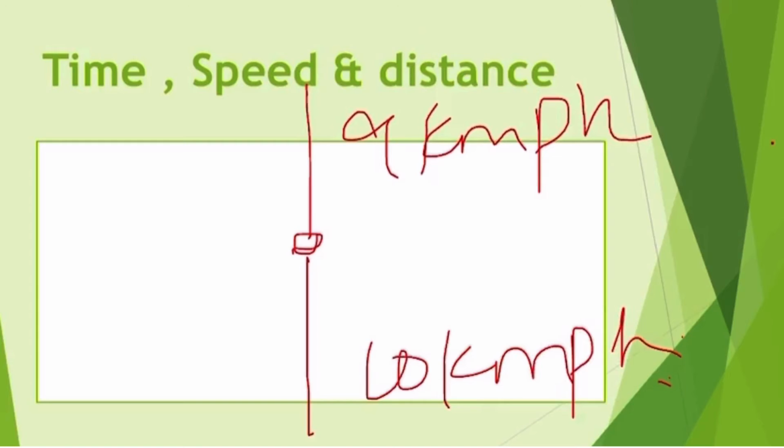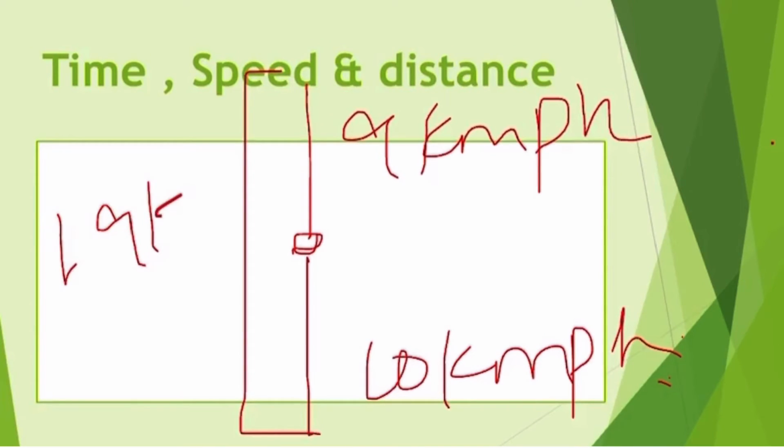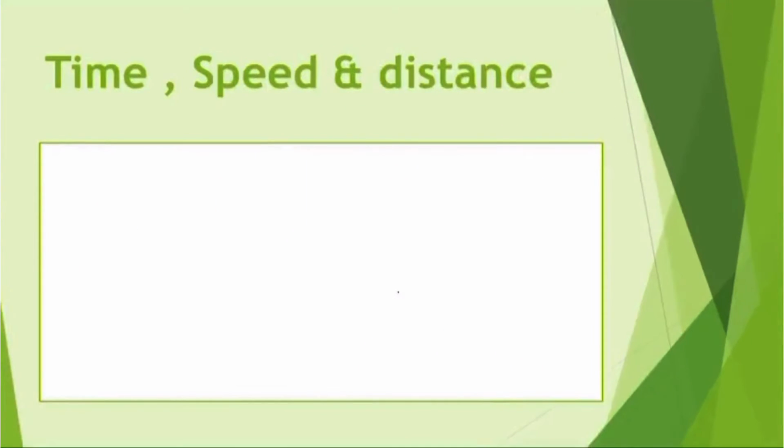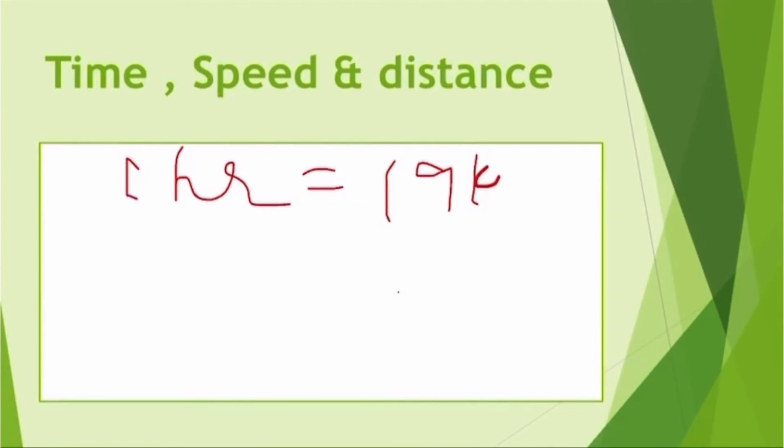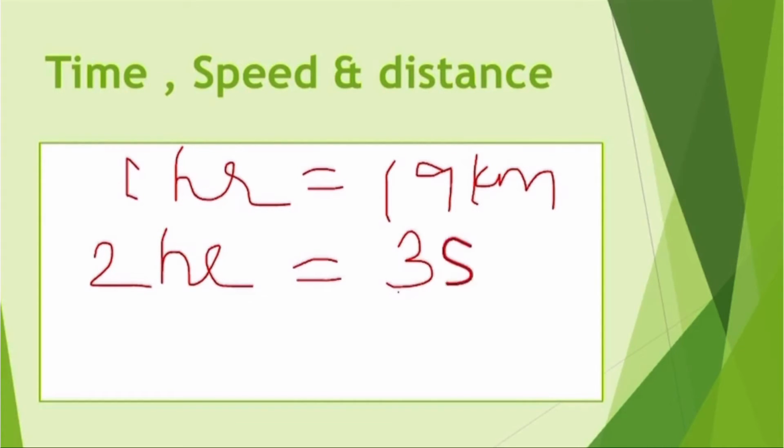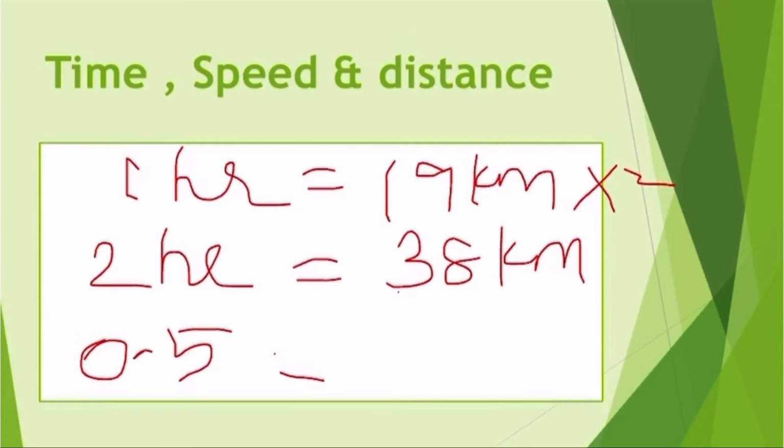So at the end of 1 hour, they will be 19 km apart. If it takes 1 hour for them to be 19 km apart, then in 2 hours, they will be 38 km apart, just 19 into 2. In half an hour, they will be 19 divided by 2. In 1 hour, 19 km, just half of it is 19 by 2.